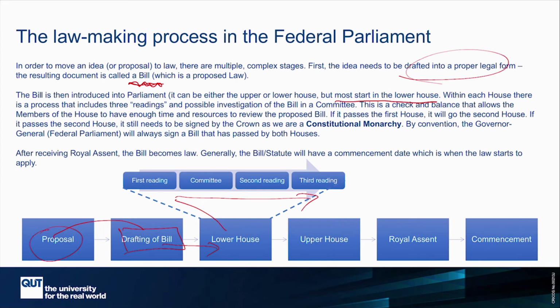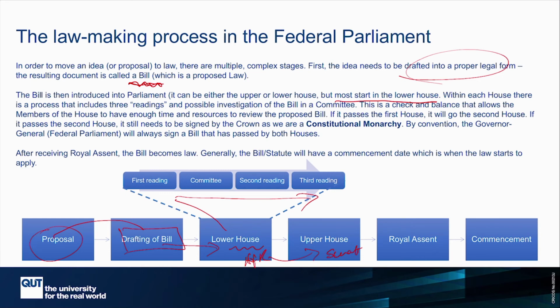Why do we have that? Well, it's a check and balance that allows everyone in this House of Parliament enough time and resources to read and understand the bill. If it passes that house, it goes to the second house, in this case, the upper house, which federally we'd call the Senate. So if it passes the House of Representatives, it then goes to the Senate.